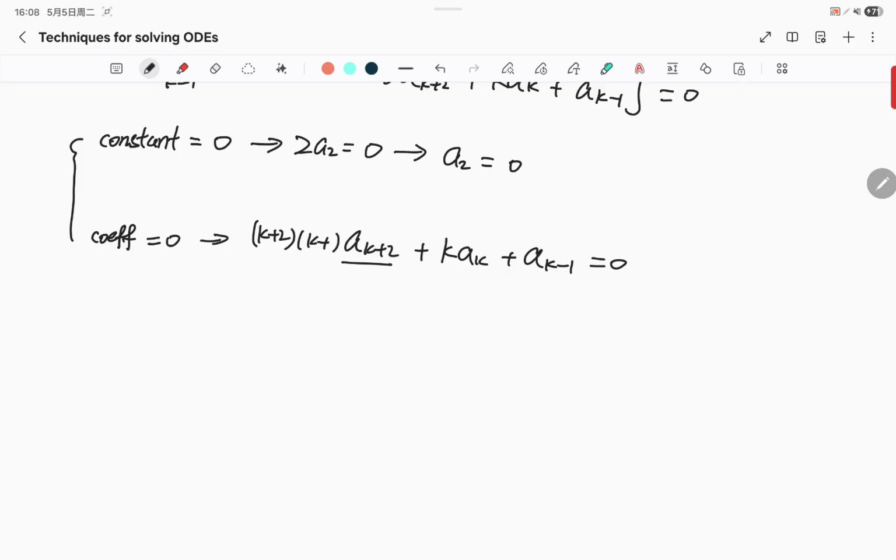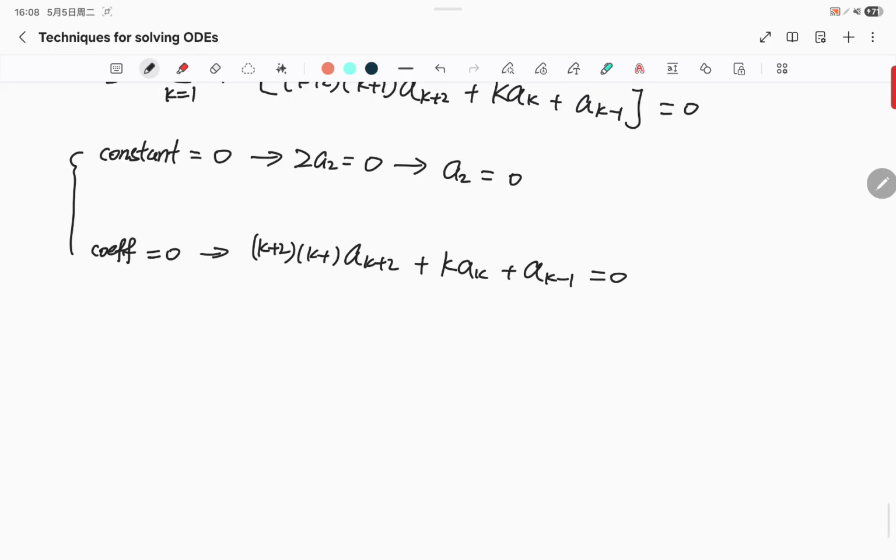We have a, k plus 2 and a, k minus 1. Which one is the latest term? The term that comes the latest is the future term, which is this one. So we're gonna isolate this.